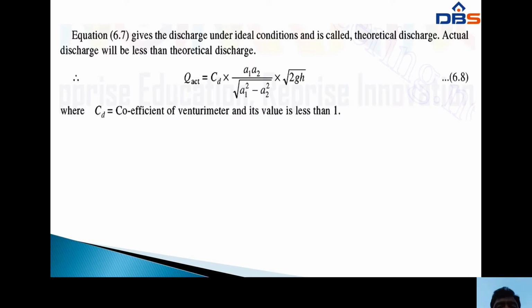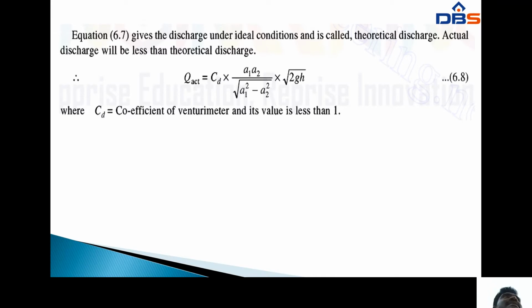Next, this equation gives the discharge under ideal conditions and it is called the theoretical discharge. The actual discharge will be less than the theoretical discharge. Therefore, Q actual equals CD into A1 A2 divided by root of (A1 square minus A2 square) into root of 2GH, where CD is the coefficient of the Venturi meter.